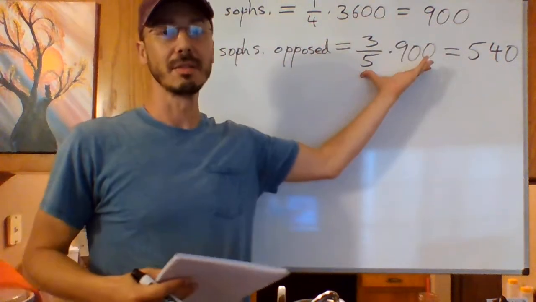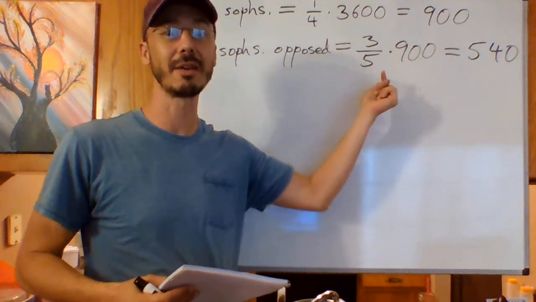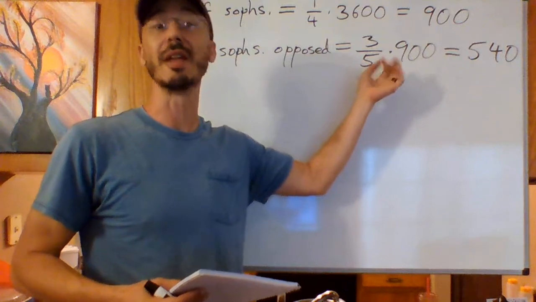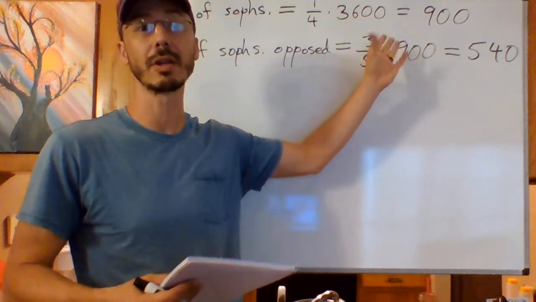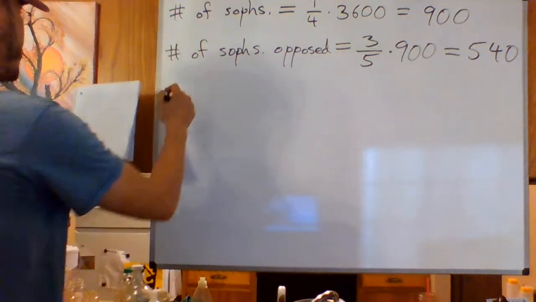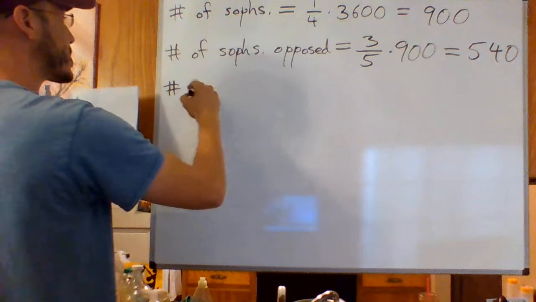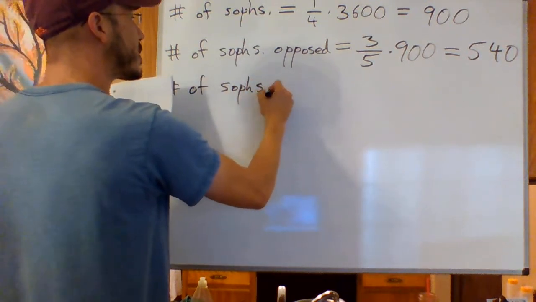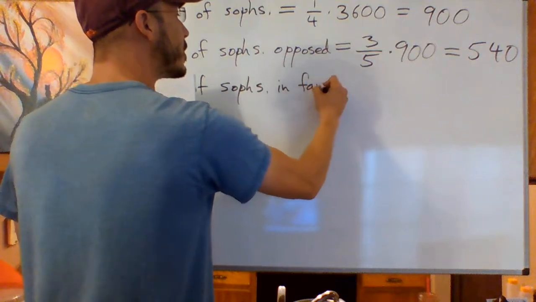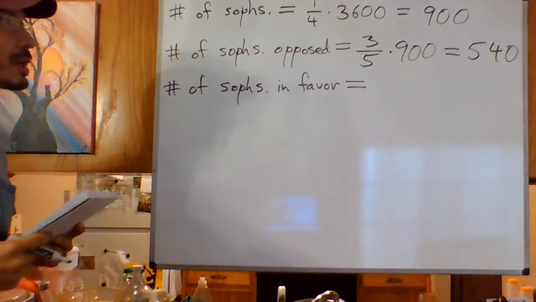That's a good calculator situation. If you want to divide 900 by 5 and then multiply by 3, that's another way that you can get this without a calculator, but either way, it's 540. And then, as far as the sophomores, the number of sophomores in favor of the climbing club.